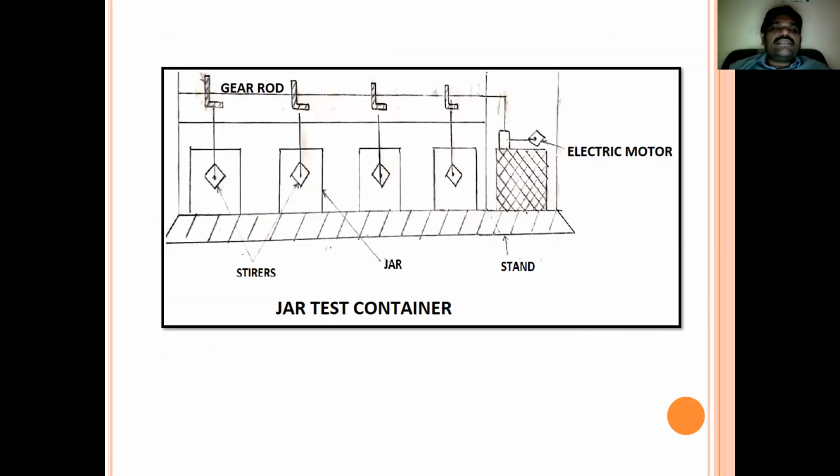And how is it adjusted? 30 to 40 rotations per minute. How much time will the motor operate? 20 to 30 minutes. After 30 minutes, wherever we got good floc, that particular added quantity will be the optimum dosage of coagulant.